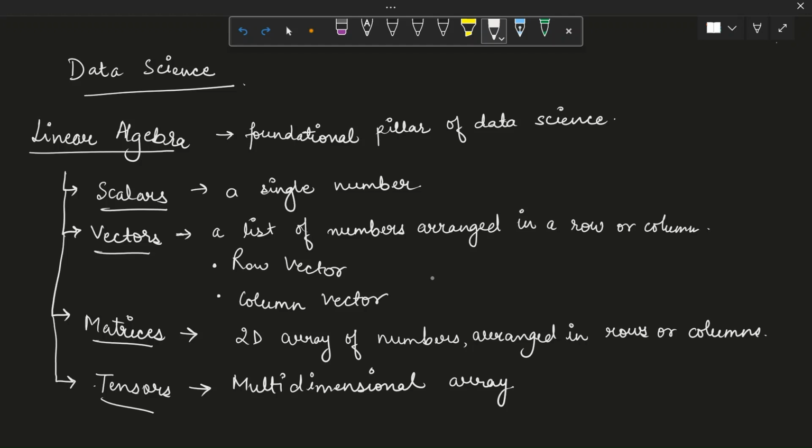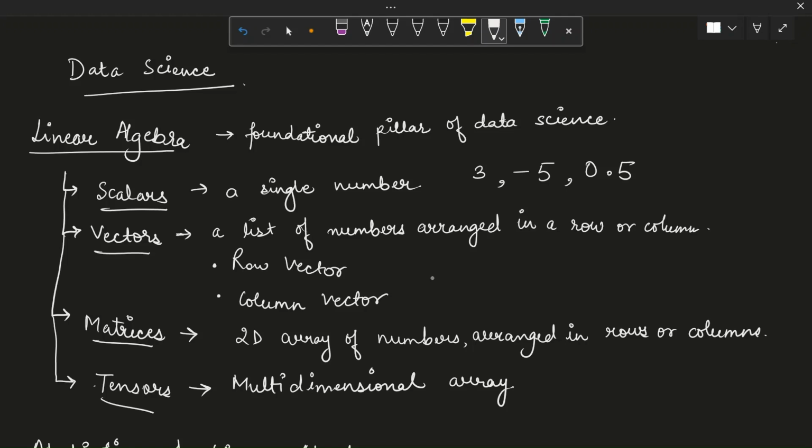There are some key terminologies in linear algebra. We can understand a scalar as a single number. For example, 3 is a scalar quantity, -5 is a scalar quantity, and 0.5 is also a scalar quantity. Moving on to vectors, a vector is a list of numbers arranged in either a row or a column, or you can understand it as a 1D array.